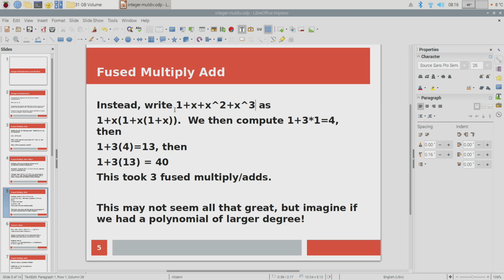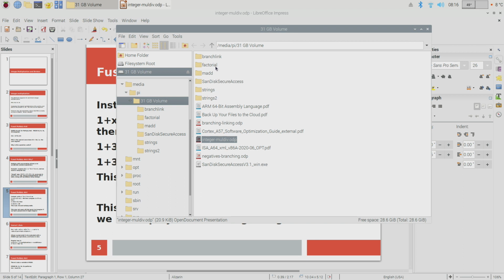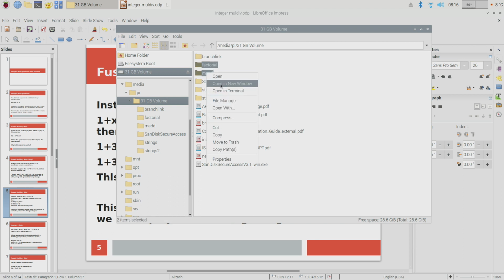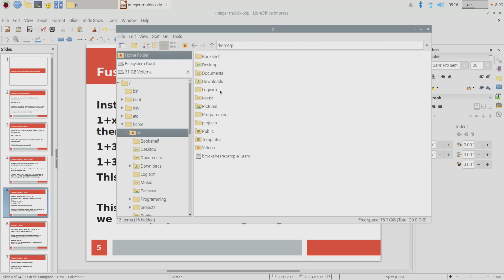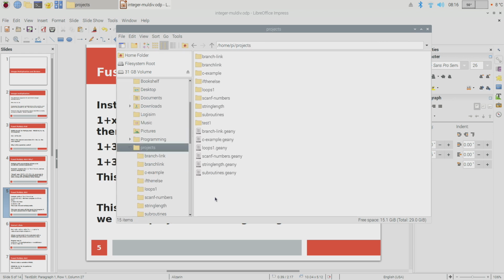So let's see what happens if we do this in practice. So let me go over to here and let me copy these two over to my projects directory. And then pop open Genie.